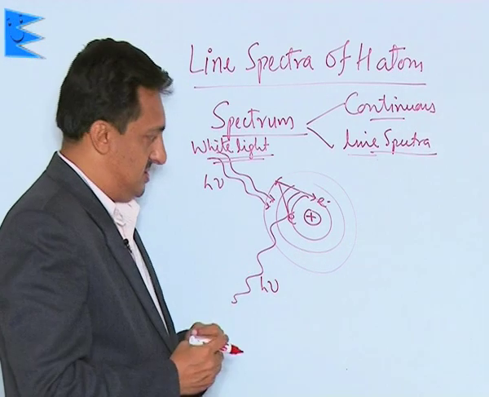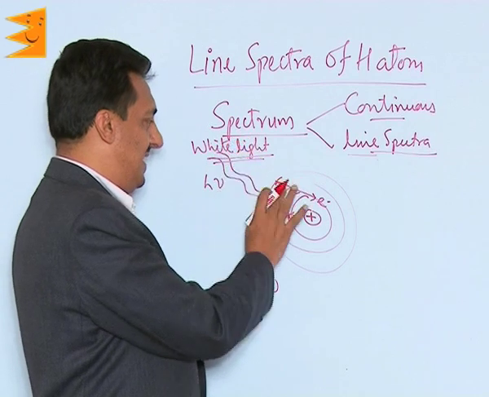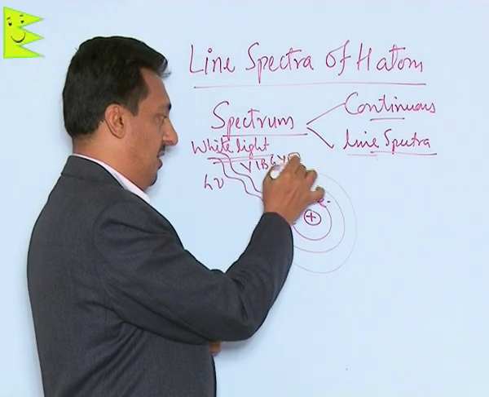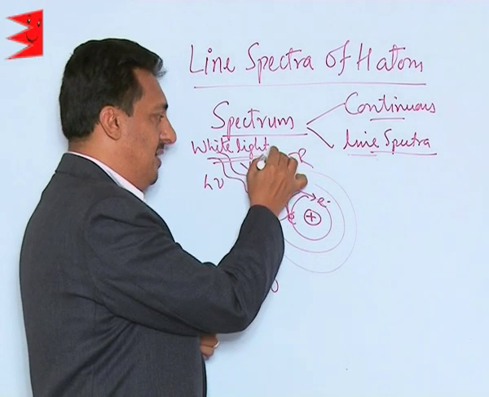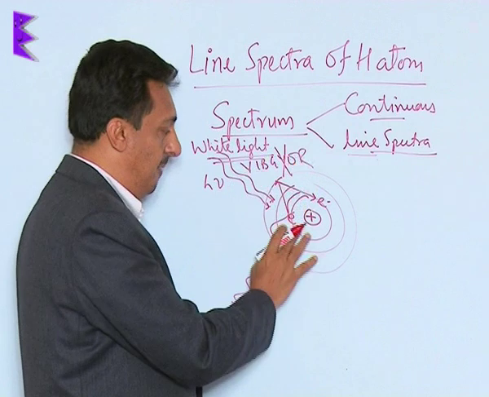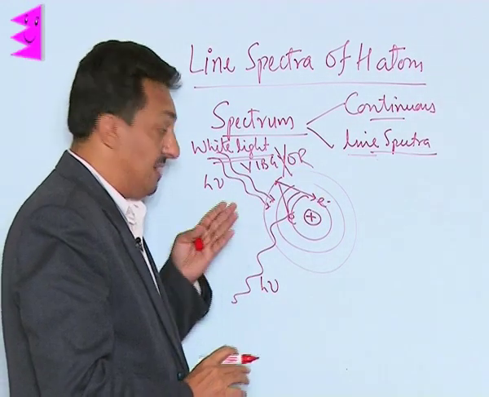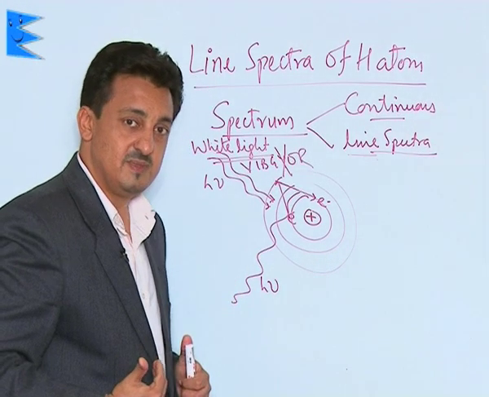Now we have two conditions. We know that white light has all 7 colors: violet, indigo, blue, green, yellow, orange, red. Out of these 7 colors, yellow is the one absorbed by the electrons in the excitation. That means all the rest of the 6 colors are reflected back.